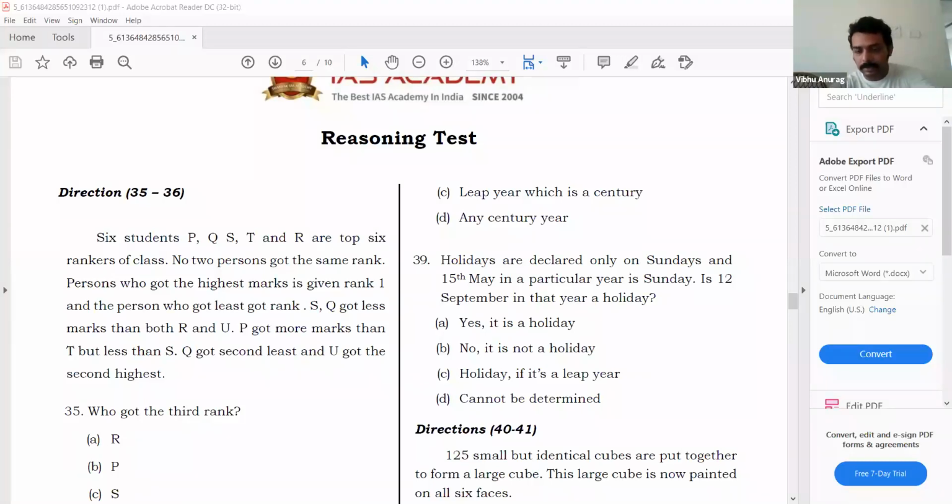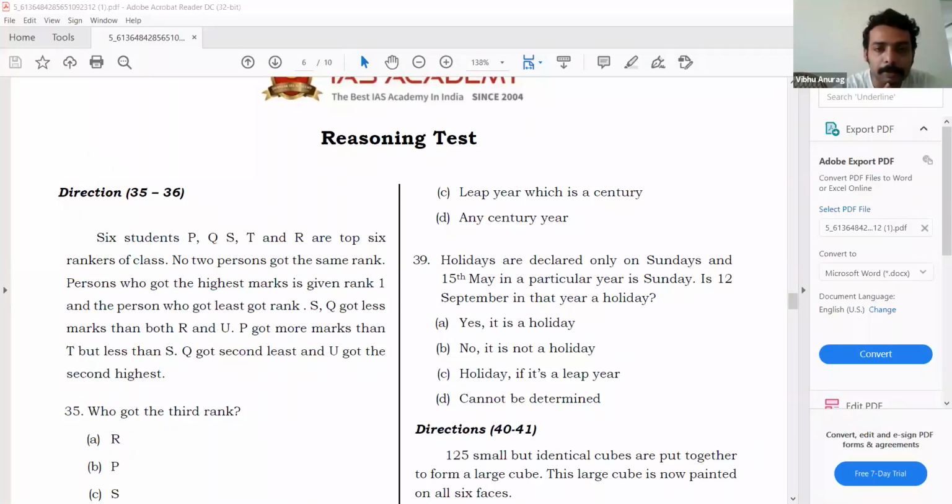So add up all these days. What do you get? You get 92 and 16, 108, 120 days. Counting from 16th May, you get 120 days.